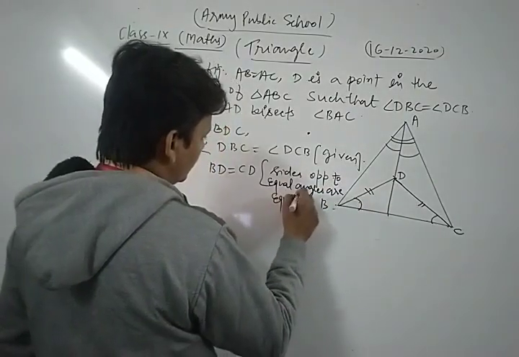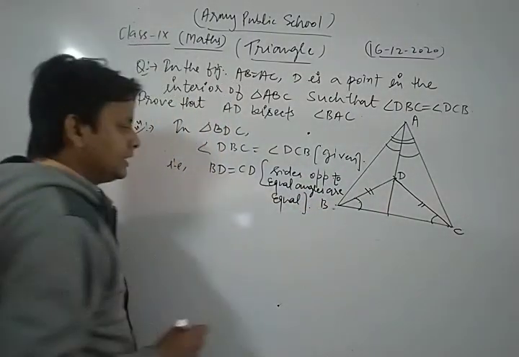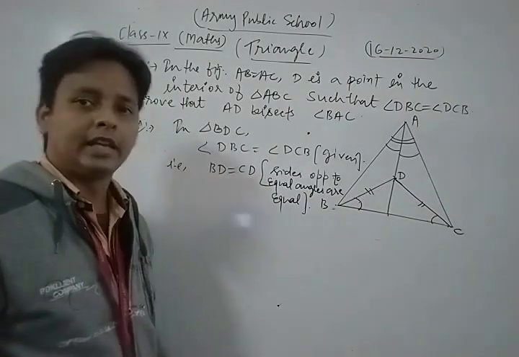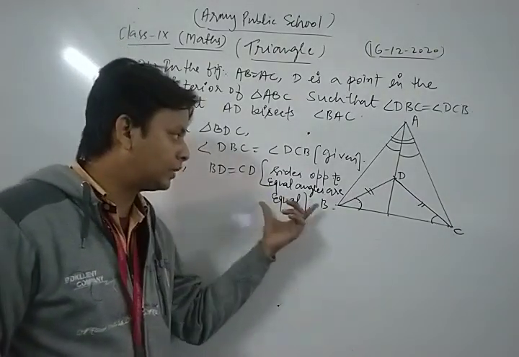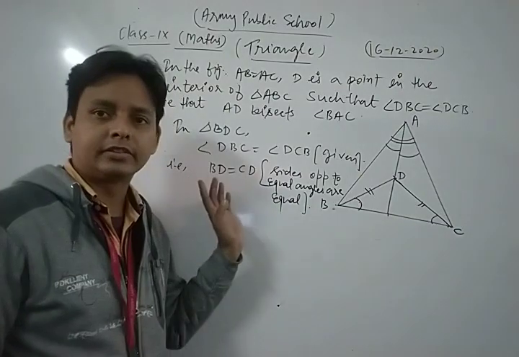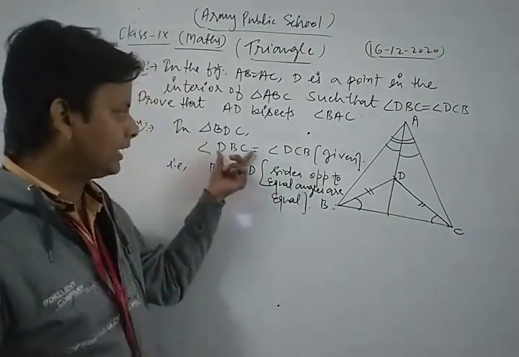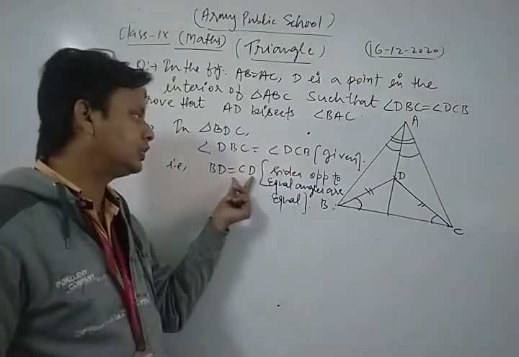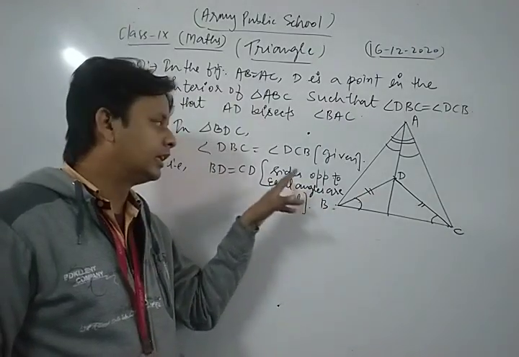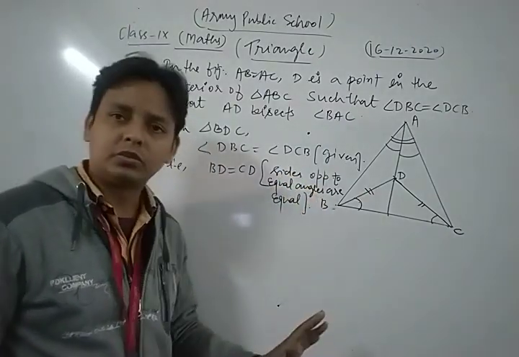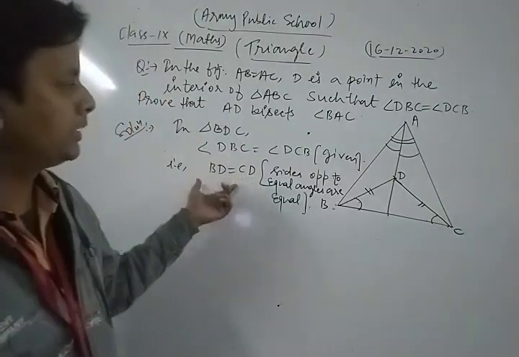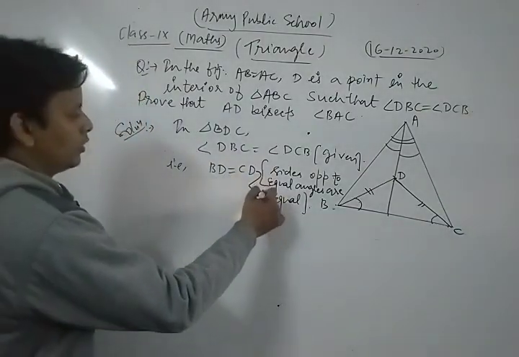You mention this in the examination, dear friend, by writing the reason in front of the relation. If that angle is equal to that angle, BD is equal to CD by the concept of this theorem, the sides opposite to equal angles are equal. So we get a relation BD is equal to CD. Take it as equation number 1.